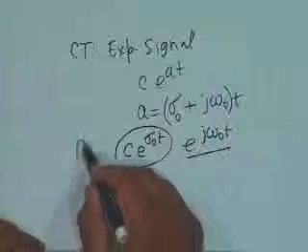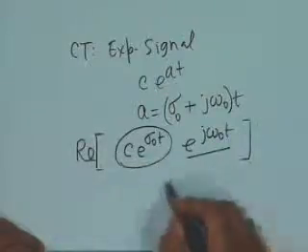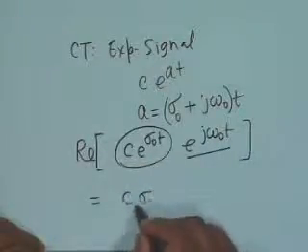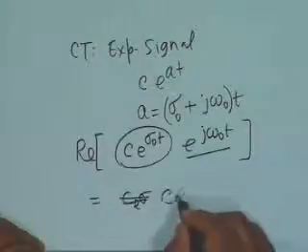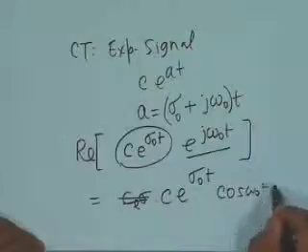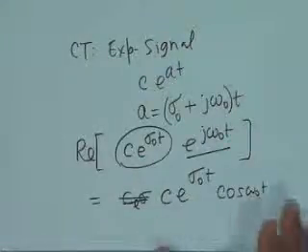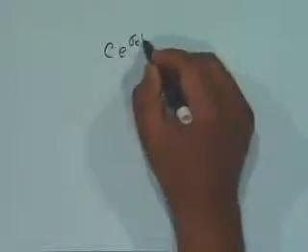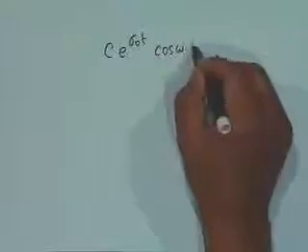For example, the real part of this signal shall be simply c e to the power sigma 0 t cosine of omega 0 t. Now, the plot of this shall depend on the sign of sigma 0. If sigma 0 is positive, then it would be a growing sinusoid.